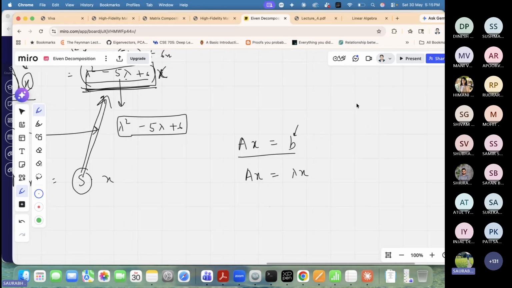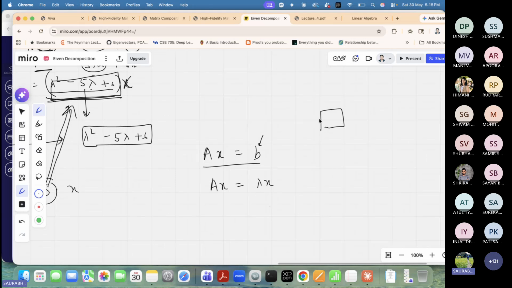When you are having any sort of transformation of your input space, I remember I told you a matrix is doing some transformation. It is pushing x to b, and when it is pushing, a force would have its direction. Any vector in the direction of the force would never change its axis.